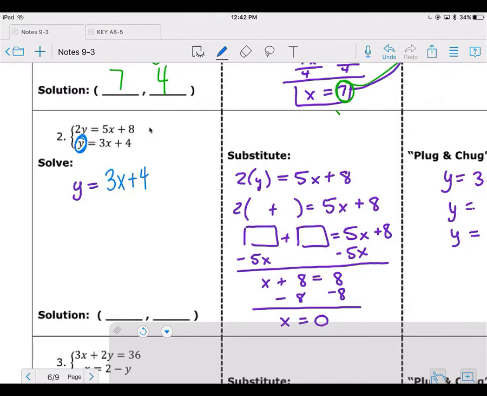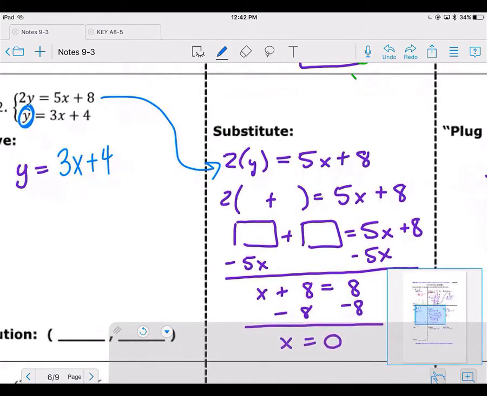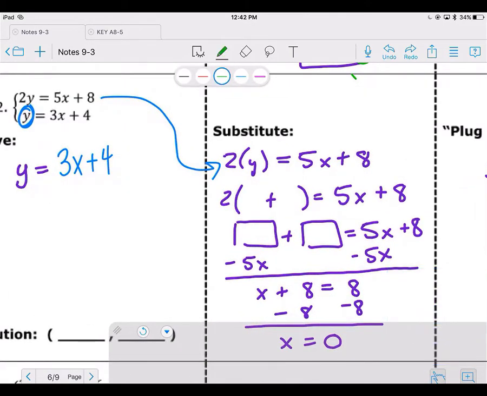So this is the top equation, the one we did not just identify over here, goes in the middle box. Instead of writing what y equals, we are going to substitute y with 3x plus 4. Notice that everything except for the letter y stays the same. 2 stays the same, 5x plus 8 stays the same.